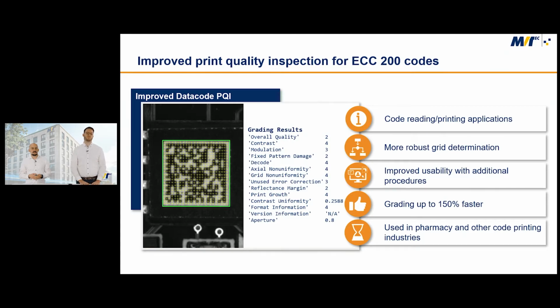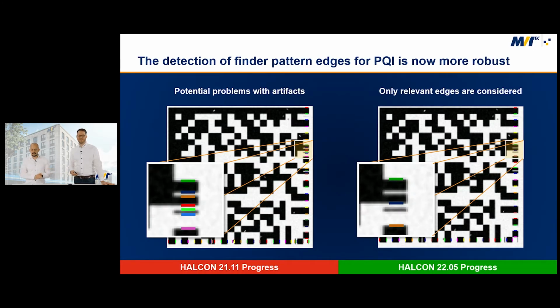So here we made some improvements to make it even more robust, so the grid determination is more robust. We improved the usability by adding new procedures, and very important always for you, our customers, is that we made it much faster, so it's now 100% faster. And the details about it, again, I will switch to my colleague, who has much more knowledge about it than I have, to Peter. Thank you very much.